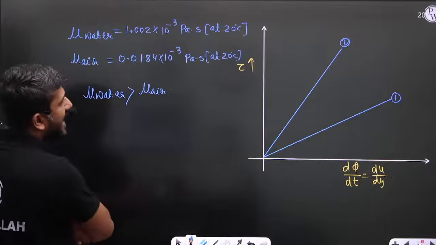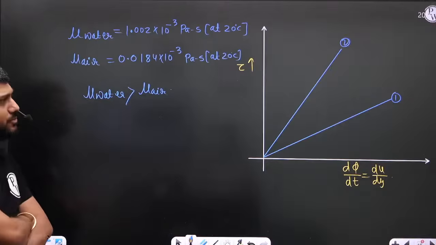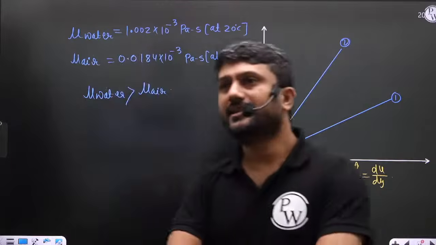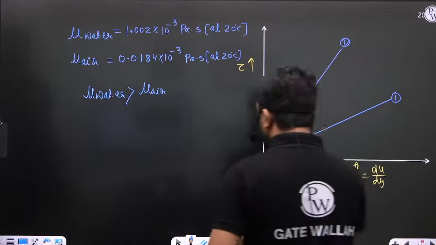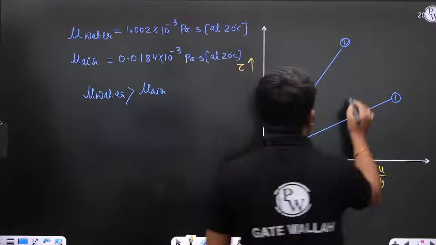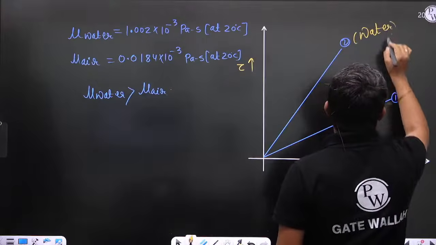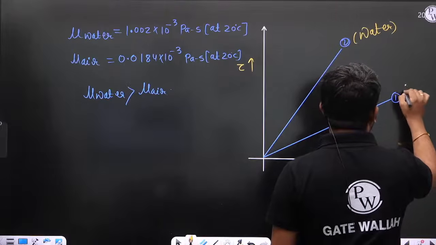The graph having more slope represents the water and the graph having less slope represents the air. That means graph number 2 is for water and graph number 1 represents the air.